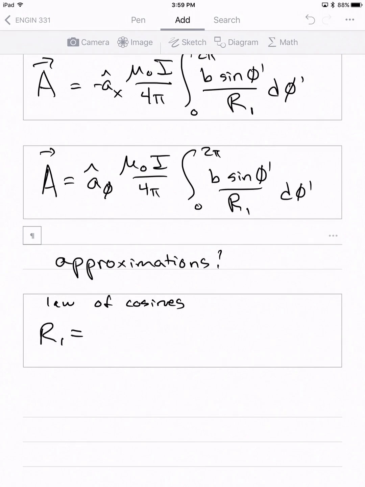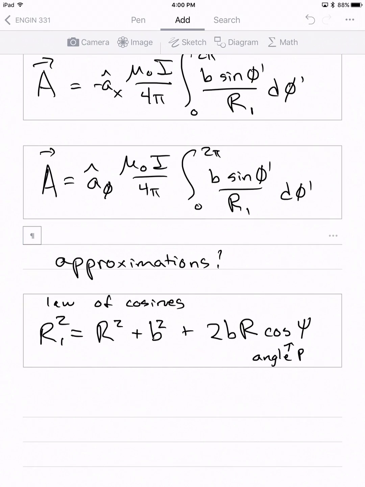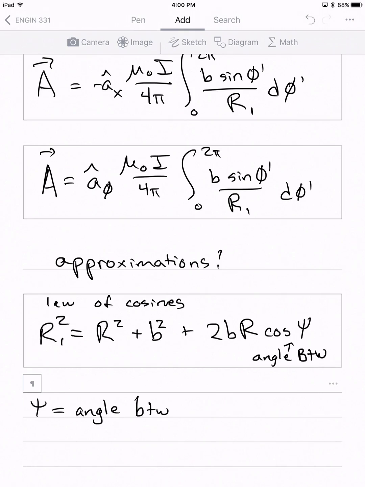R1 squared is equal to R squared plus b squared plus 2bR cosine psi, where psi is the angle between the vectors from the origin to P prime and the origin to P. So psi is the angle between OP prime and OP.